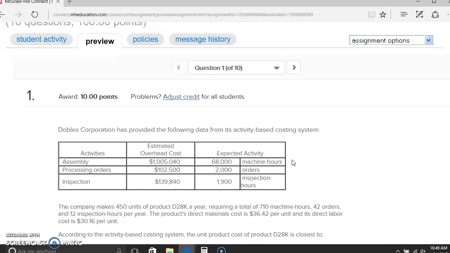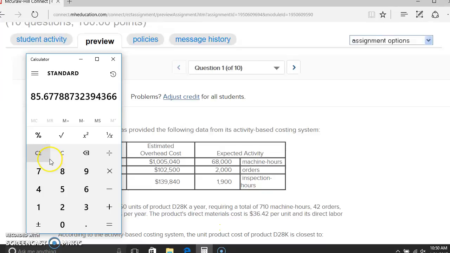To best estimate our costs, and again, this is just an estimate, not an exact science, they're trying to accurately allocate the overhead costs that aren't easy to trace to their products. For assembly, they have $1,005,040 in overhead cost, and we estimate 68,000 machine hours.